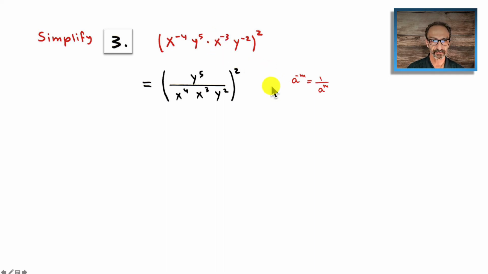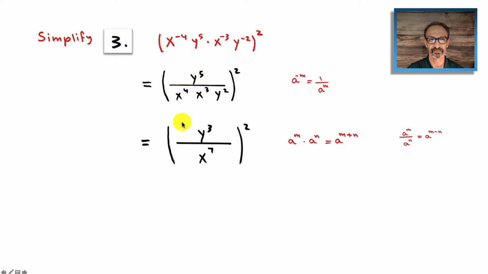Now notice right here that 4 and 3 need to be added, giving me 7. And for the y part, we need to subtract the exponent because that's a quotient rule. So we have a quotient rule and we have a product rule. That's y to the third, 5 minus 2, and 4 plus 3 is 7, and that's what we have. We applied the product rule and the quotient rule, 2 steps in one.